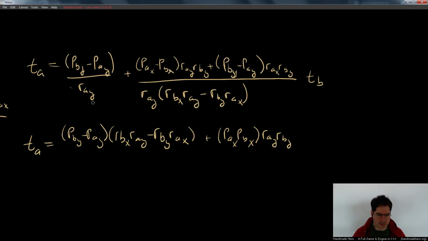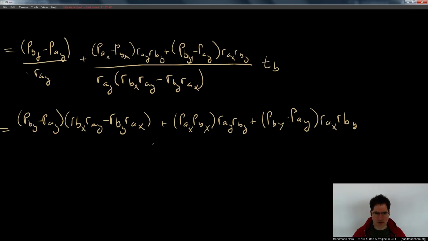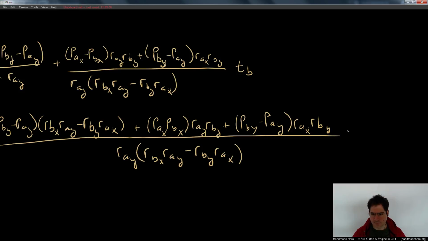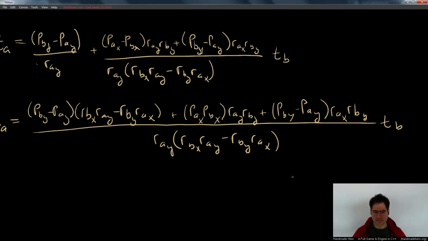Only this part is multiplying that because it already has an RAY in the denominator. RAY, RBY plus PBY minus PAY, RAX, RBY. That whole thing is over RAY, RBX, RAY minus RBY, RAX, TB. Right?